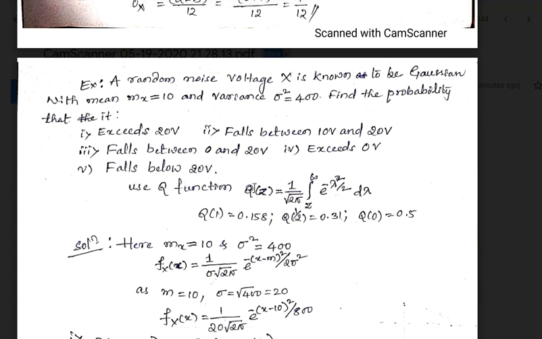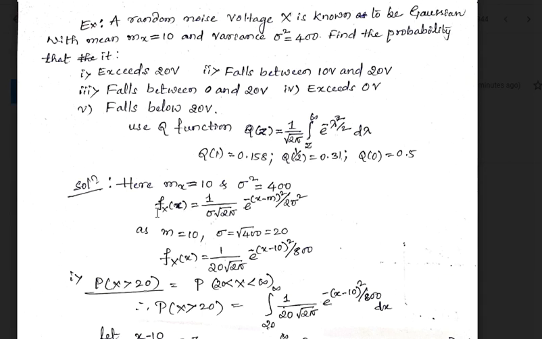Use the Q function. Q of z is given as 1 divided by root 2 pi times the integration from z to infinity of e raised to minus lambda square by 2 d lambda. And Q of 1 is 0.158, Q of half is 0.31 and Q of 0 is 0.5, given for our calculation purpose. Now we are given mx as 10 and sigma square equal to 400.